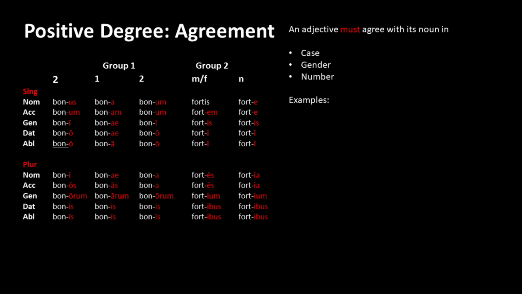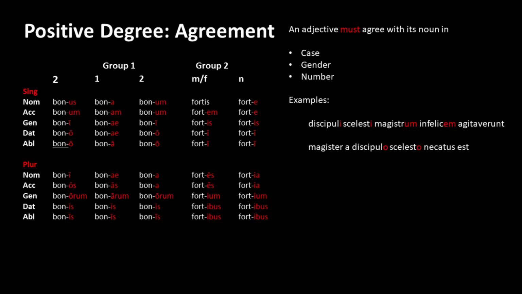Here are some examples of agreement. Discipuli scelesti magistrum infelicem agitaverunt. The wicked students chased after the unfortunate teacher. Or this one. Magister a discipulo scelesto necatus est. The teacher was killed by a wicked student.